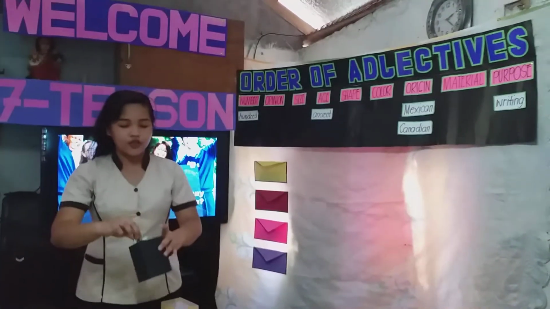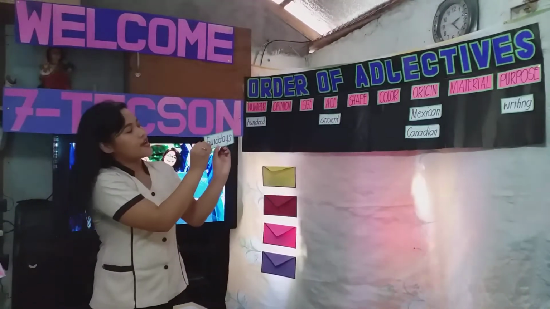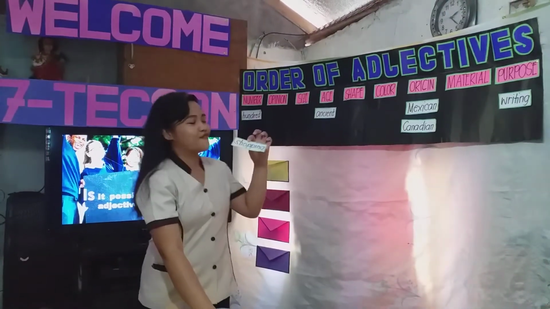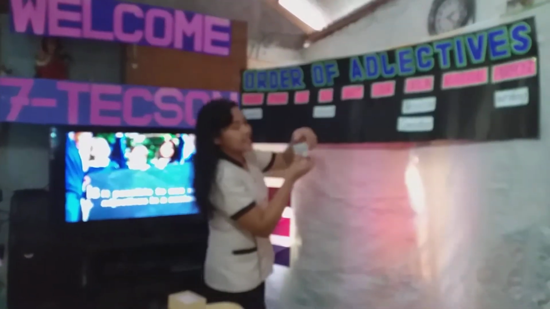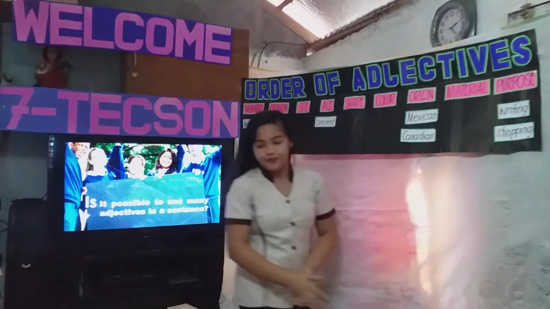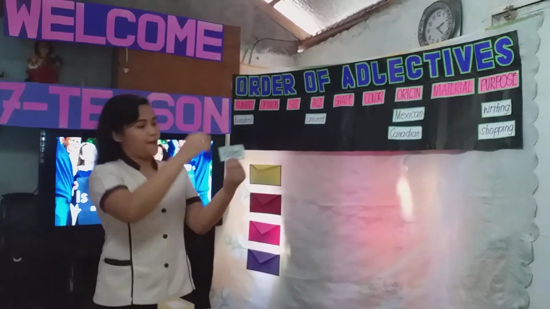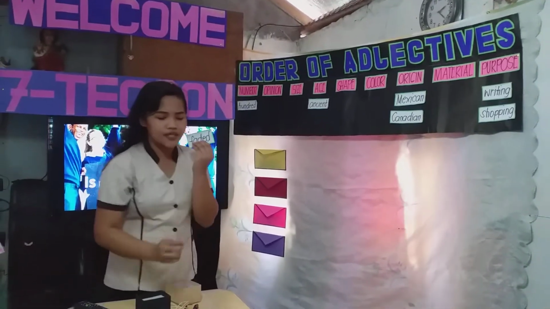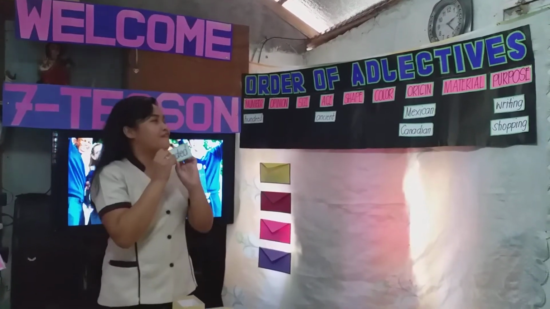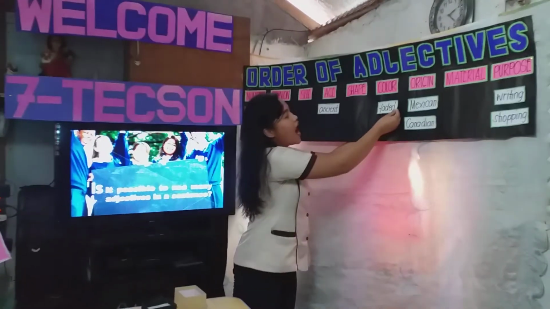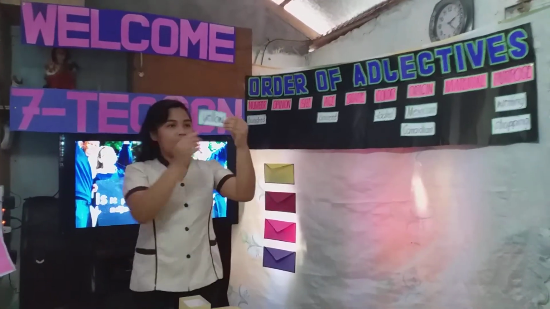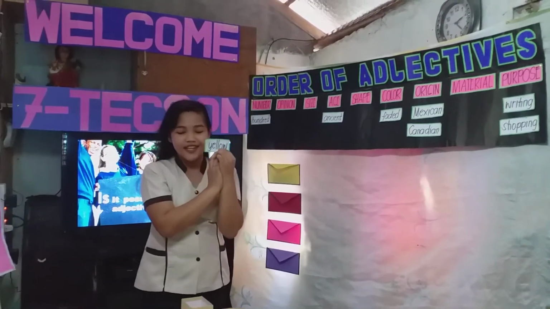How about this one? Shopping. What type of adjective? Very good. This is here in the purpose column. Next, faded. So when you say faded, you are describing, very good, the color of something faded. Next, how about this one? Yellow.